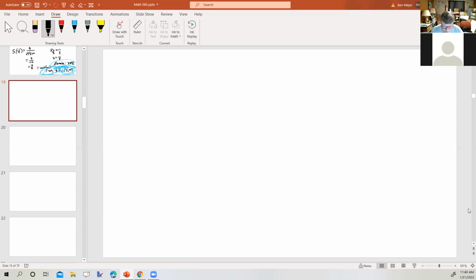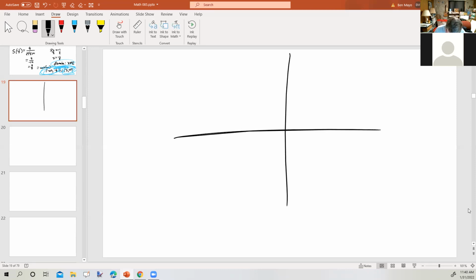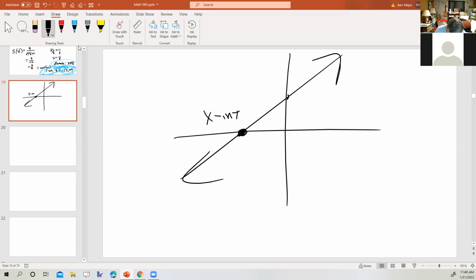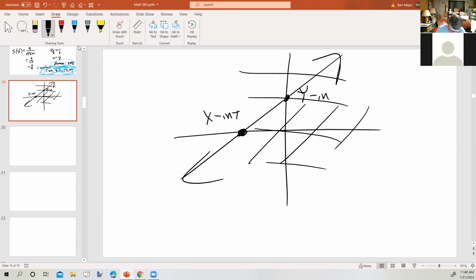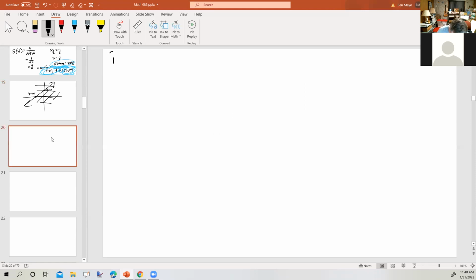Do you remember what an x-intercept is? Let's say you've got a graph and the graph cuts through right there. That's the x-intercept. And that's the y-intercept, okay? Every x-intercept is going to have a y value of 0. Every y-intercept is going to have an x value of 0. So we say the following.